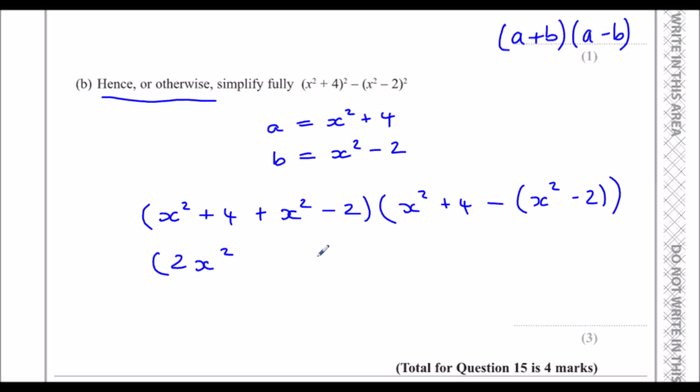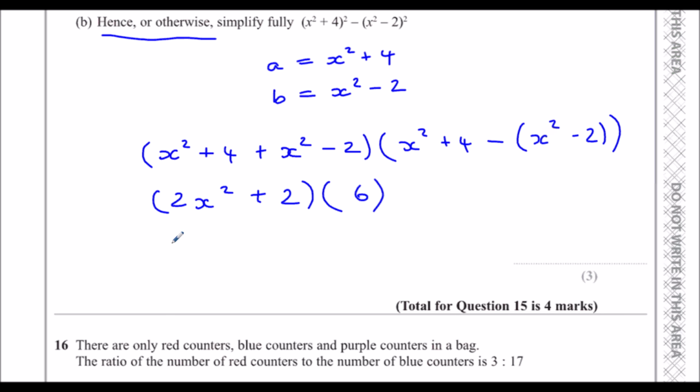And 4 minus 2 is 2. And the second bracket, x squared minus x squared is nothing. And 4 minus 2 means plus. So 4 plus 2 is 6. So I've got 6 times this bracket. If I times them by 6, that's 12x squared plus 12.